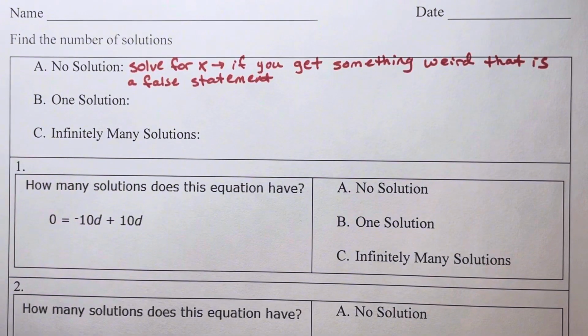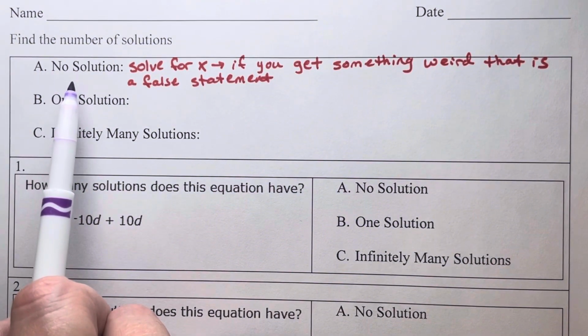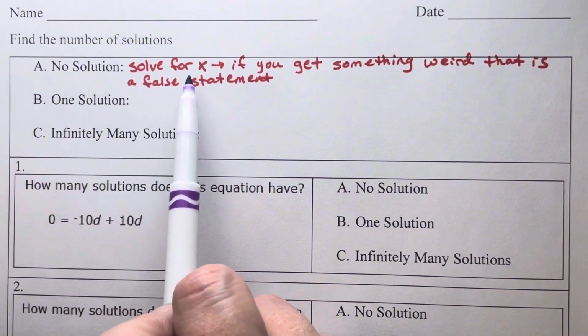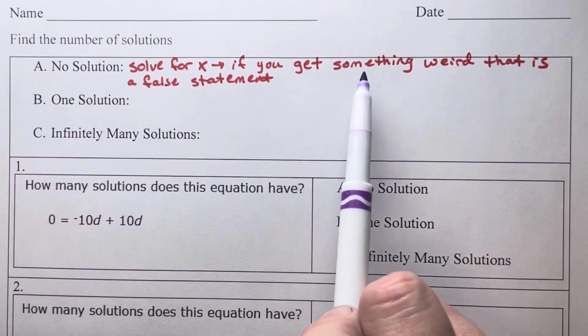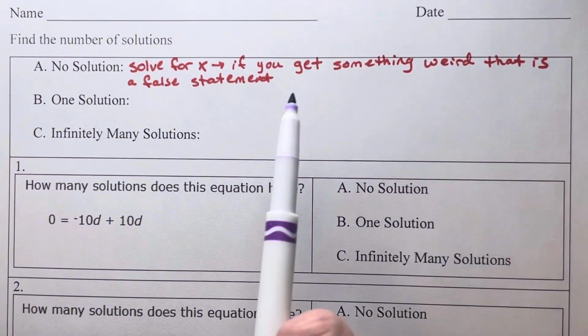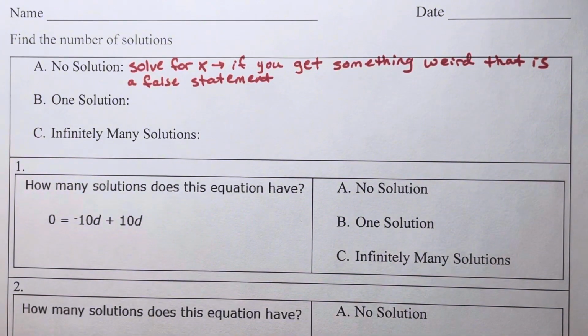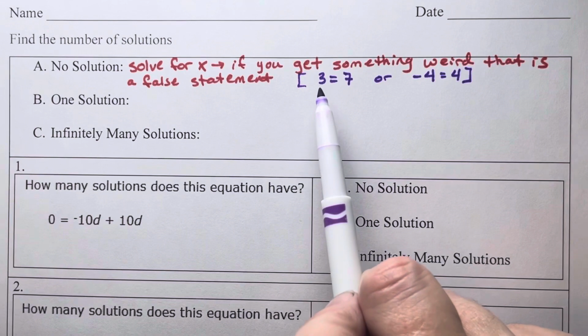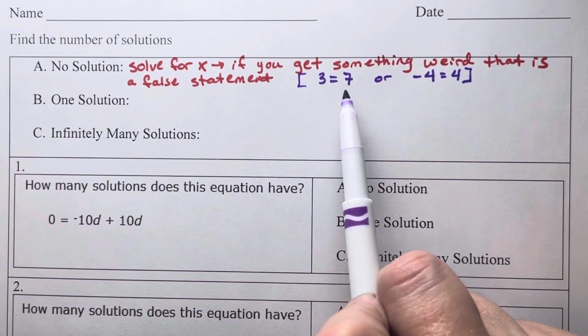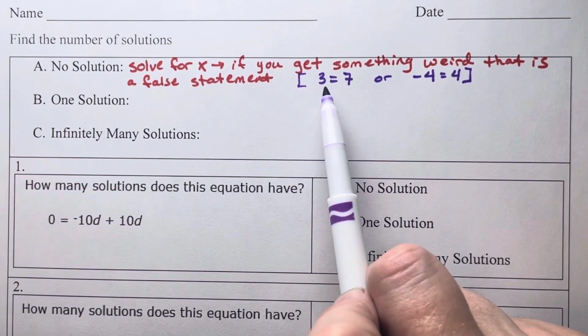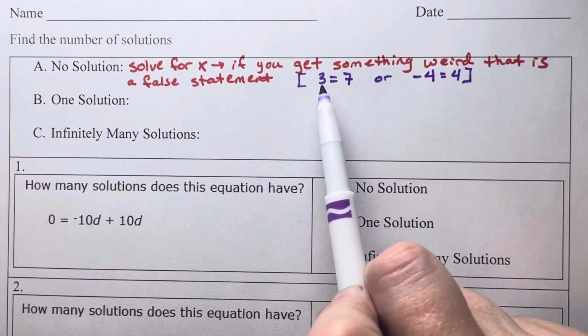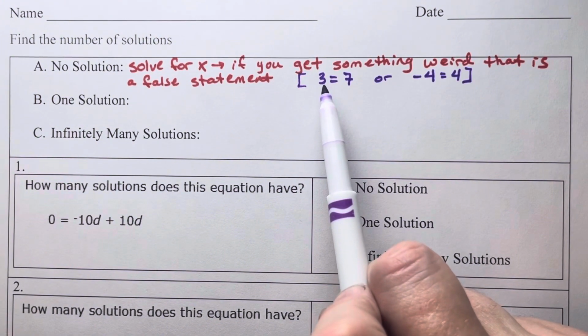Your equation will have no solution if you solve for x and discover that you have something really weird. It's weird in a way that it is a false statement. A false statement will cause all of the x's to cancel out, leaving you with just numbers. And these numbers will be not true.